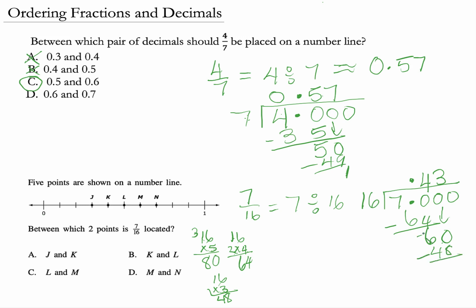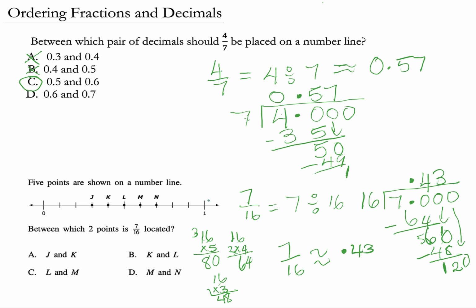We subtract, borrow. 8 from 10 is 2. And this will be 1. And then we have to bring down the 0. But I'm going to stop here because I got 0.43. So I'm like, okay, 7/16 is approximately 0.43, which is between 0 and 1.